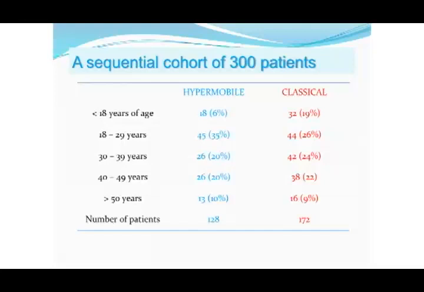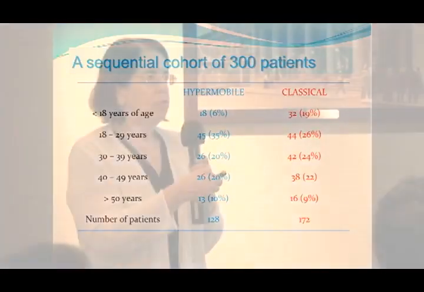Now, I should say, at the time that we did this survey, this was before Dr. Tinkle's paper suggesting a more rigorous definition of the classical type. So there are probably some patients, maybe even as many as half of the patients in the classical type, who we would now characterize as being in the hypermobile type.